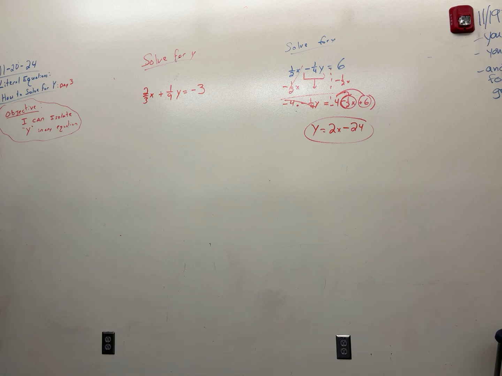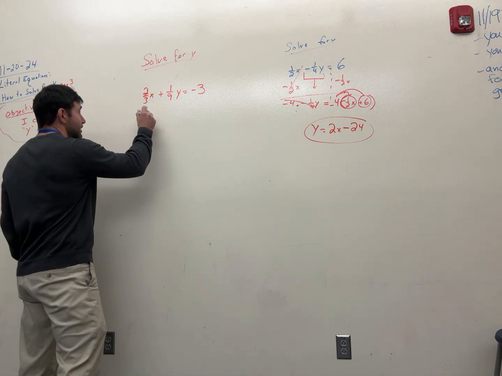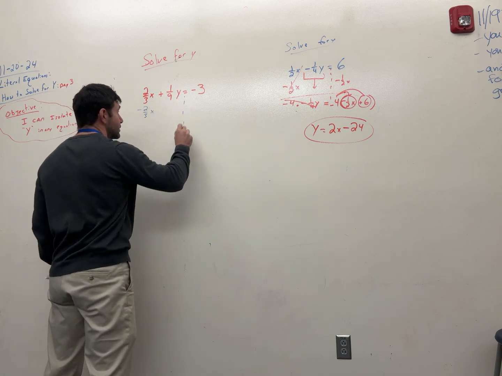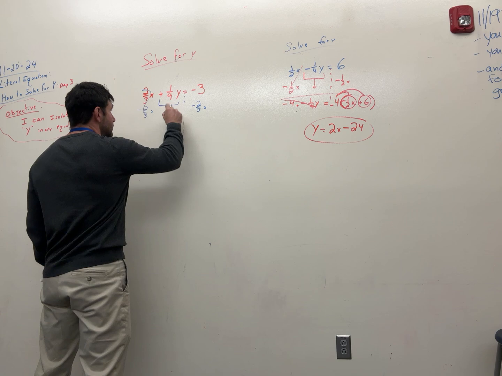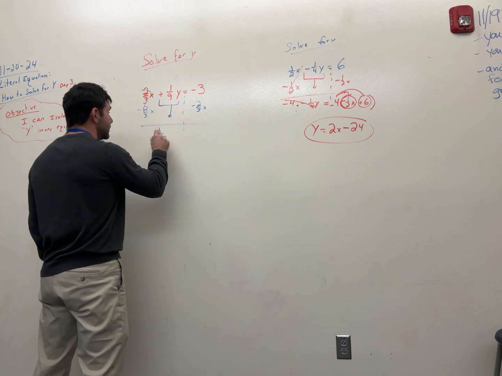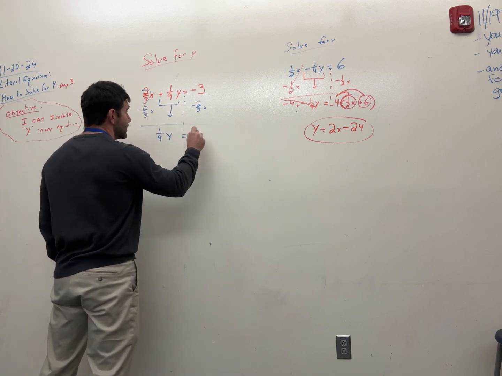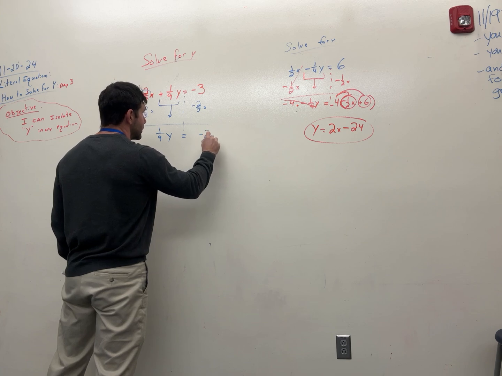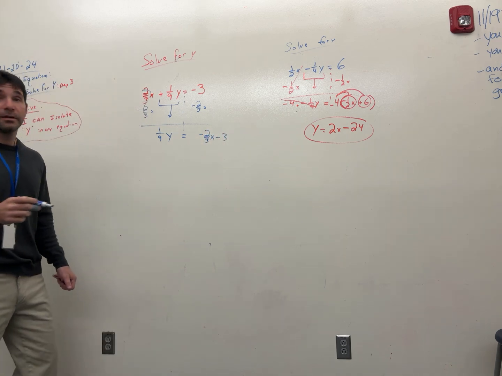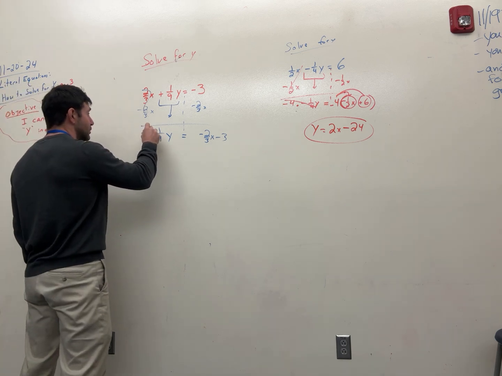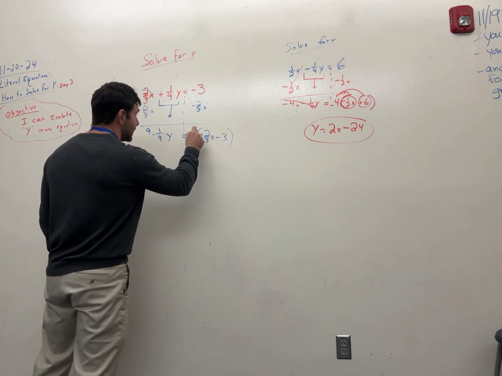Here we go. So, last little bit. Subtract 2/3 x from both sides. 1/9 y equals negative 2/3 x minus 3. Then we need to multiply by the reciprocal, which is 9.